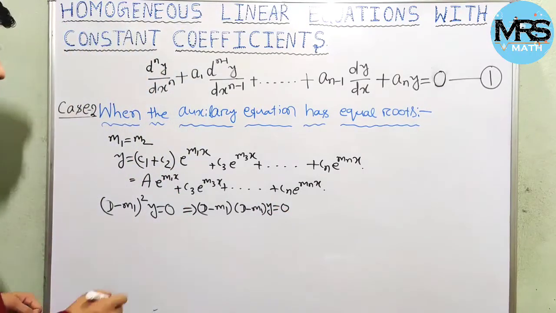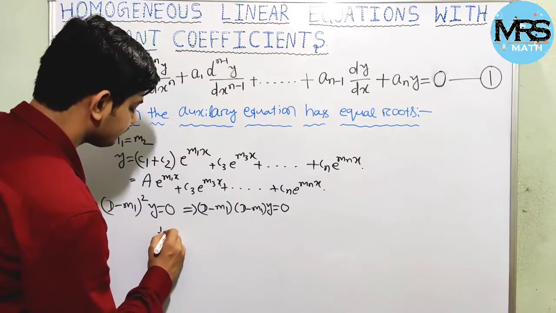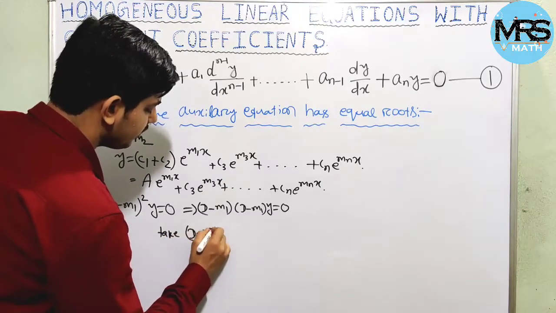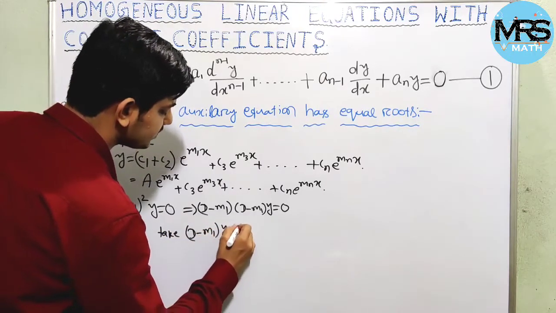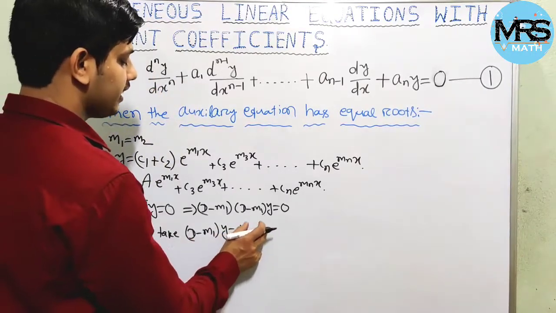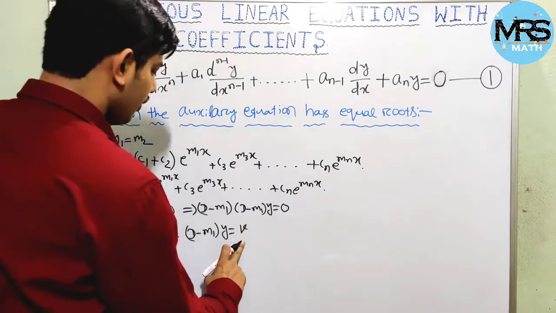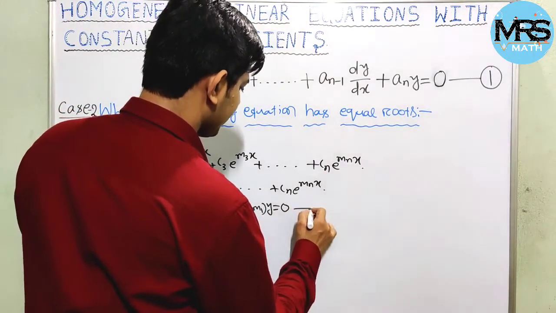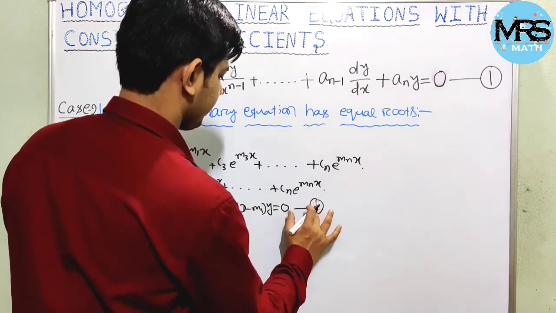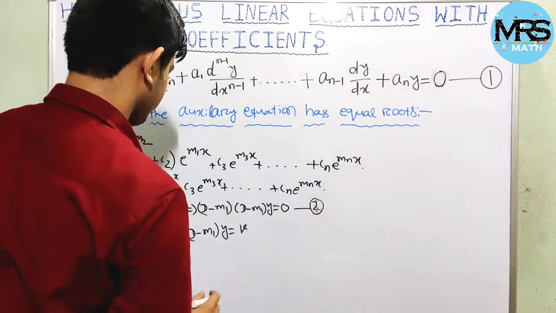Take d minus m1 into y as v. Let us say this is equation 2.